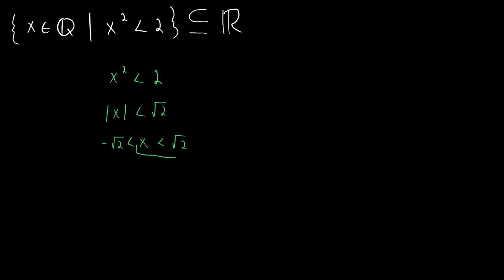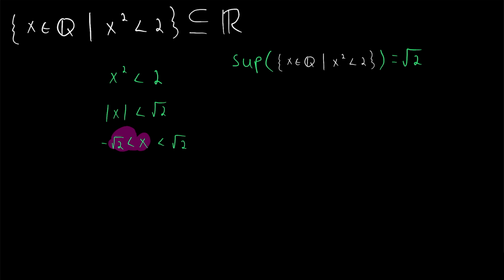Then, since x can be any positive number less than the square root of 2, we could conclude that the supremum of our set is the square root of 2. Similarly, since x can be any negative number greater than negative square root of 2, we may conclude that the greatest lower bound, the infimum, of our set is negative square root of 2.